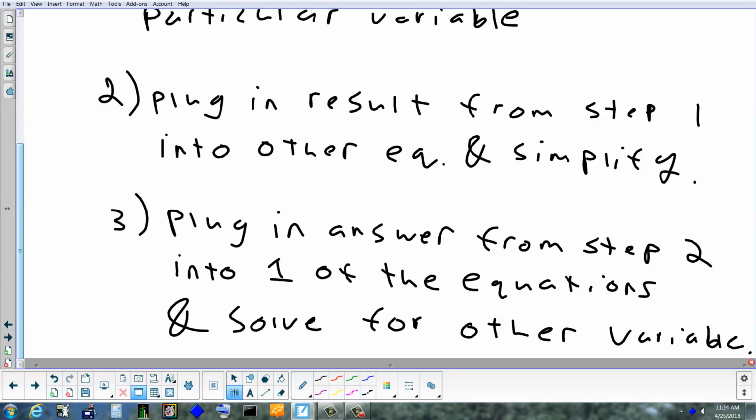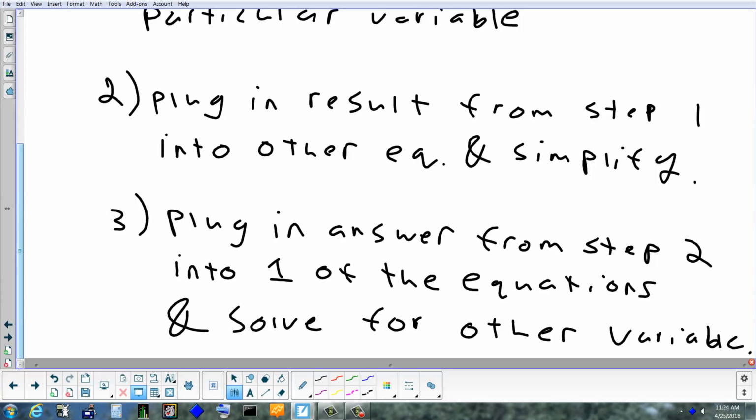Substitution is a method that works fine when you have 2 variables. It gets kind of a pain when you have more than 2. It can work, but it's not as easy. So when we start to get beyond 2 variables, I'm going to show you a different method. But let's try this one first.